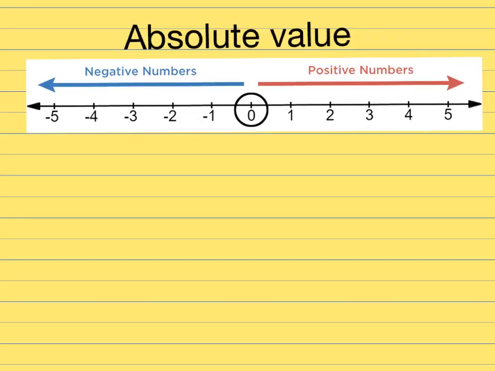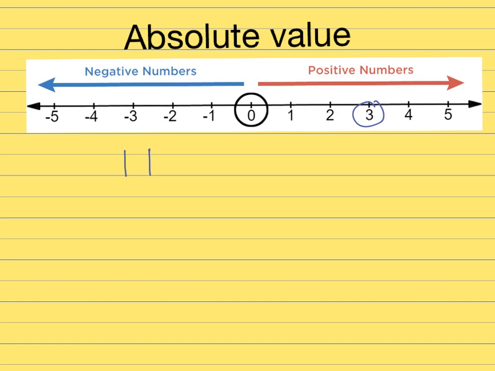Absolute value. The definition of absolute value is the distance a number is from 0. And 0 is circled on our graph because it's a marker. We want to be able to visualize the distance that any number is from 0. So let's start with an example. What if we had +3, and we wanted to find the absolute value of +3? Well, we have to start with using the absolute value sign, which is these two straight up and down lines.